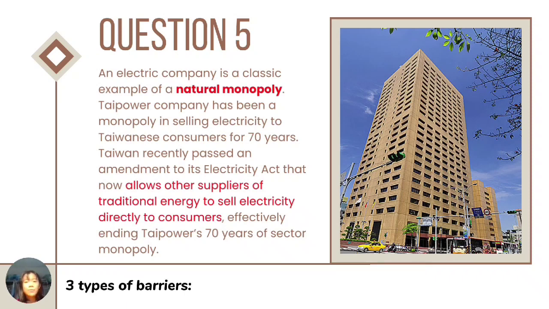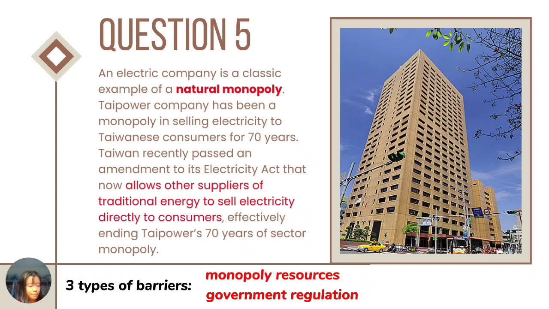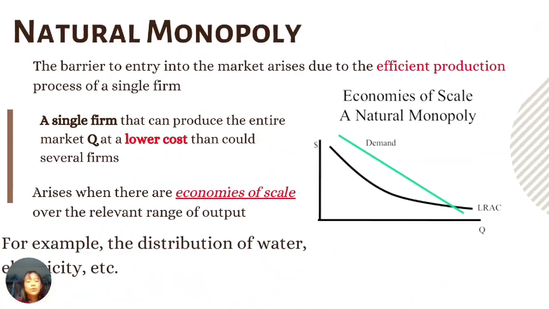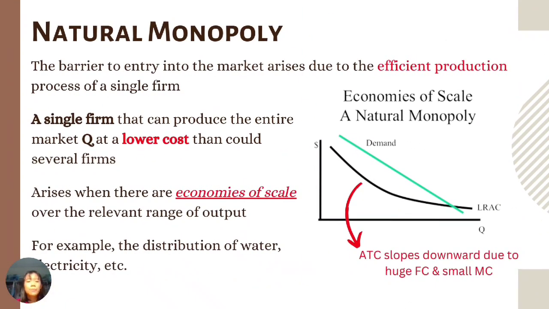There are 3 types of barriers to entry. The first one is monopoly resources, then government regulations, and the last one is a natural monopoly. So we are going to discuss the third type of barrier. The barrier to entry arises due to the efficient production process of a single firm.